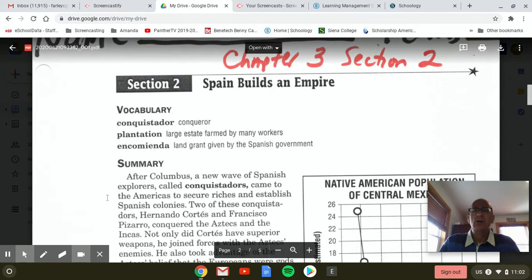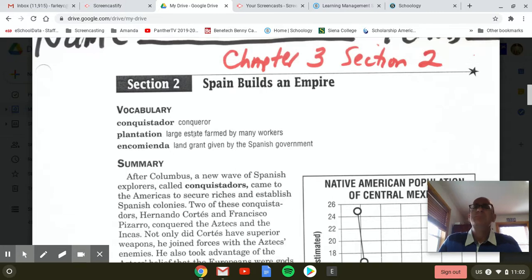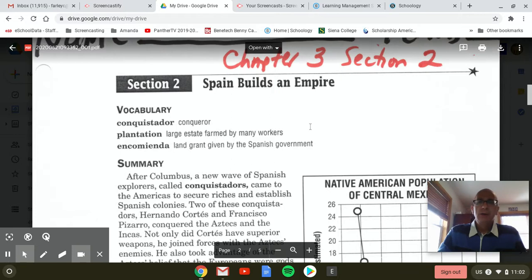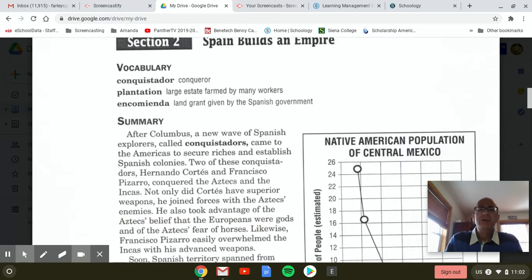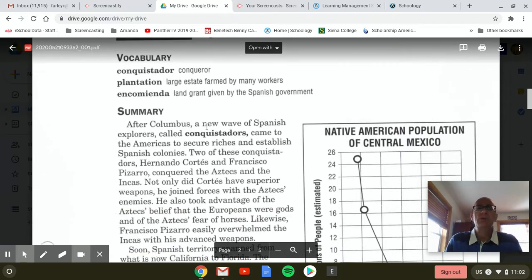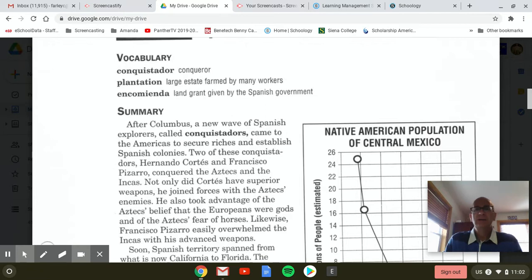Let's take a look first at our reading of this section, Chapter 3, Section 2, Spain Builds an Empire. Okay, as I pointed out at the top of the screencast, after Columbus, a new wave of Spanish explorers called conquistadors came to the Americas to secure riches and establish Spanish colonies. 2 of these conquistadors, Hernando Cortez and Francisco Pizarro, conquered the Aztecs and the Incas.